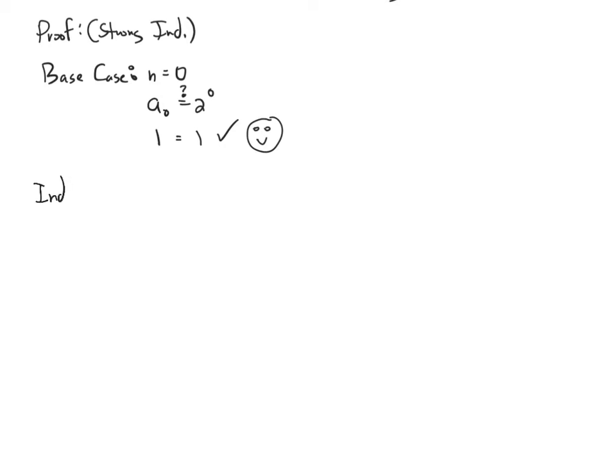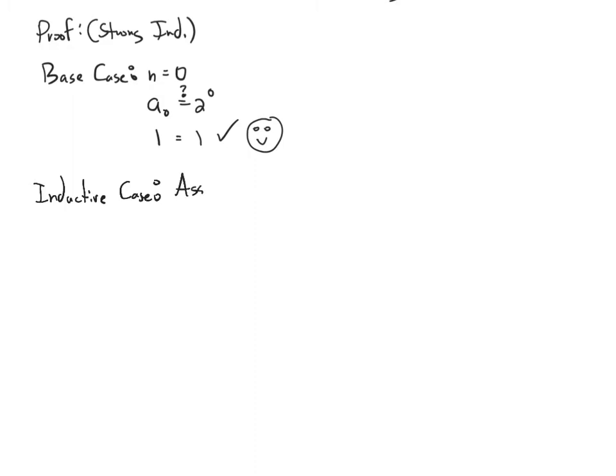So remember, we need to assume for some value k in our domain, which is the whole numbers or the natural numbers starting at 0, that P(k) is true and P(i) is true for all values i less than k. So let's write that down.